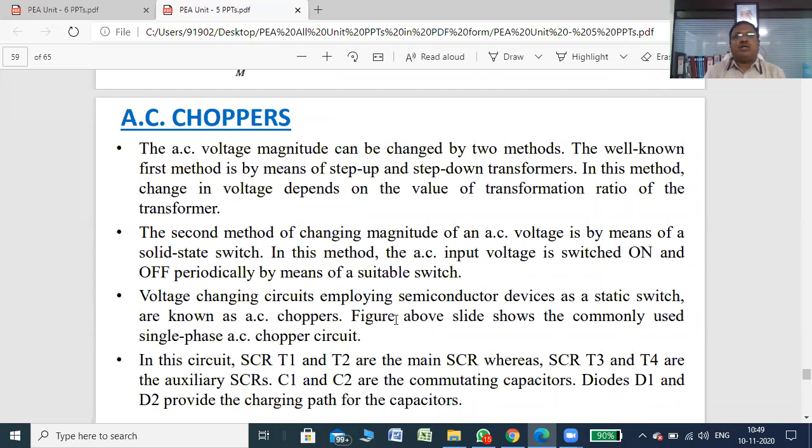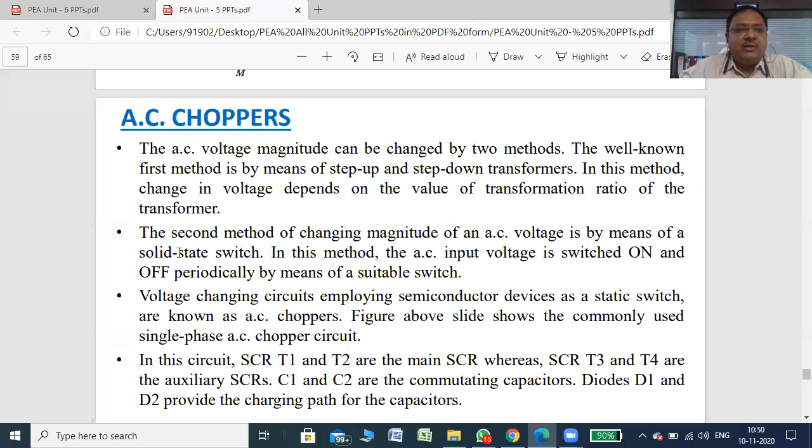The first method is not convenient because the design of a transformer for high power application is very difficult. Even the size of the transformer increases as your power rating increases, right? So using a step up or step down transformer every time is not a convenient solution for AC to AC conversion.